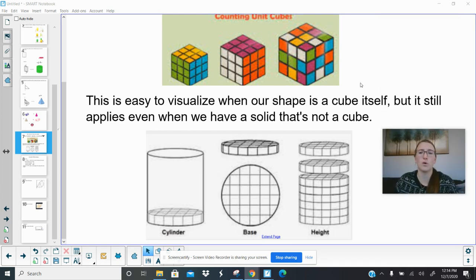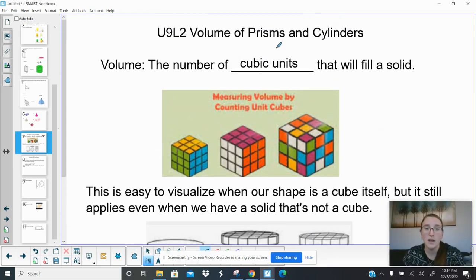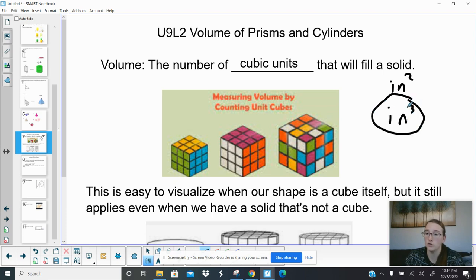Now, this isn't very important for us right now because we're online and we don't have to write units. But what this means is, again, inches squared is for area, inches cubed is for volume. 2 is a square, 3 is a cube. Yeah, I know that seems weird. Normally we would think 4 for square, I know, but hopefully by now we know that we can read this as inches squared, inches cubed.